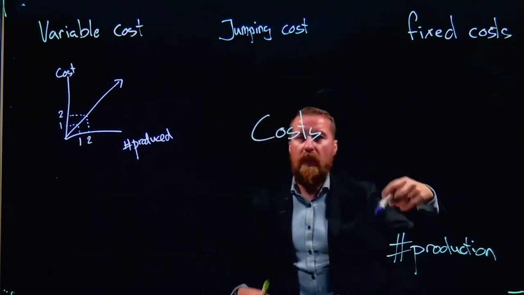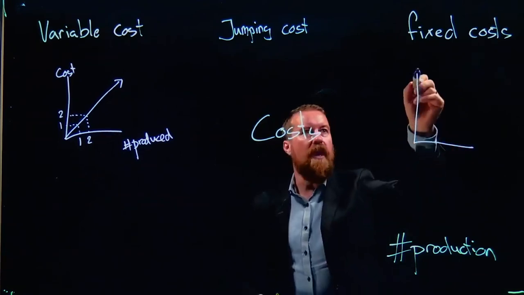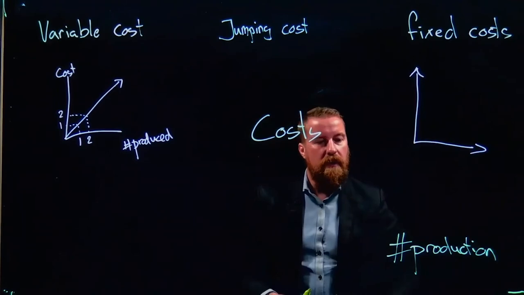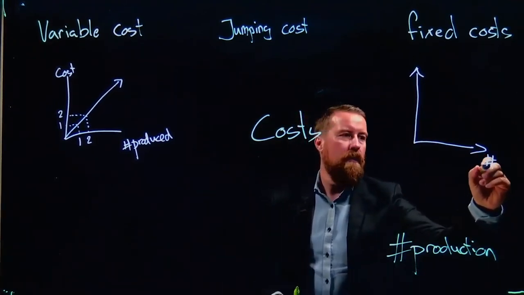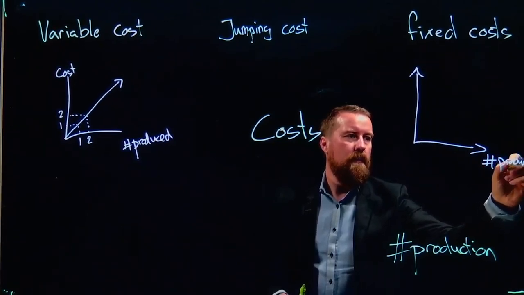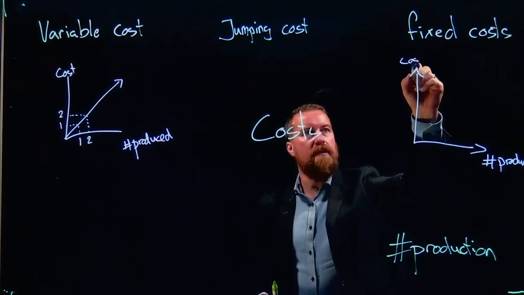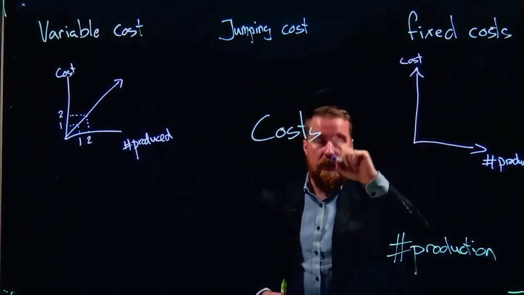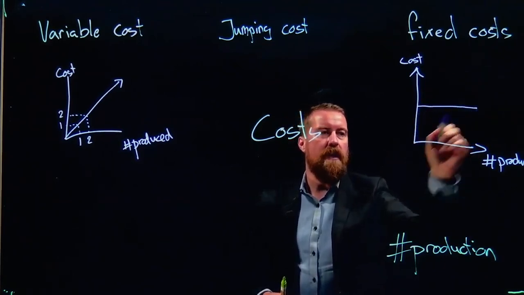However, then we have our fixed costs. And if we're making the same graph like that over here, we say we produce X number, and we have again our costs up here, but our cost stays the same.